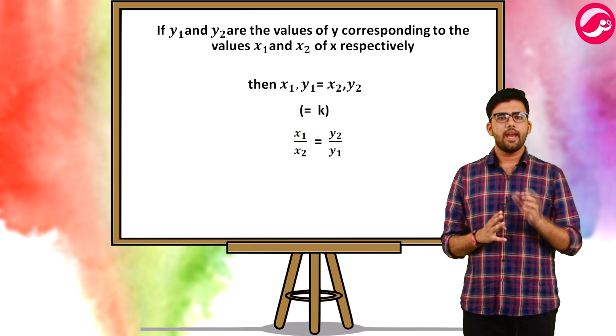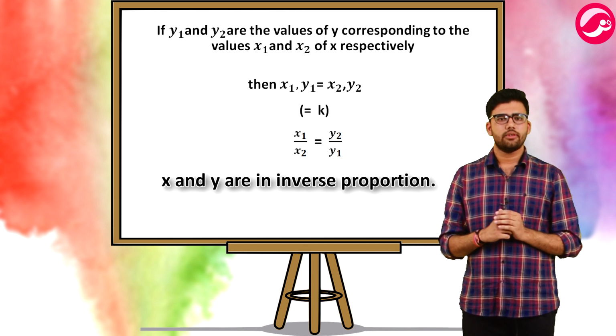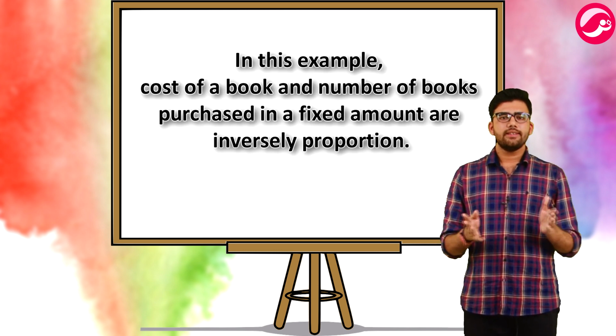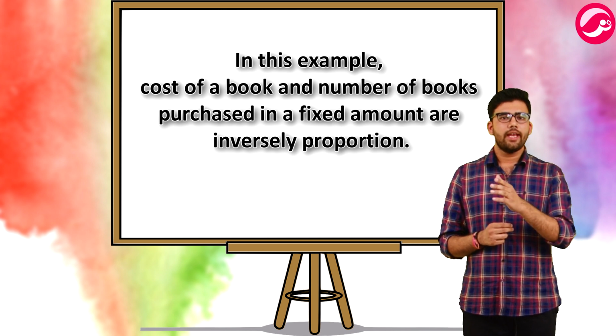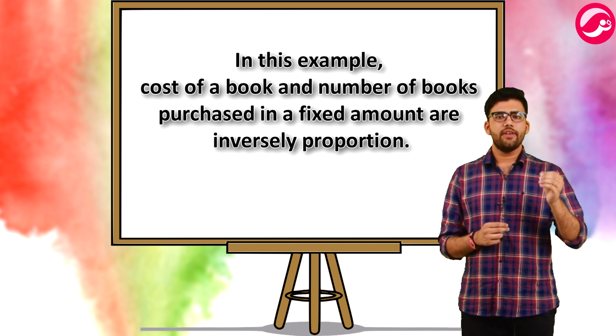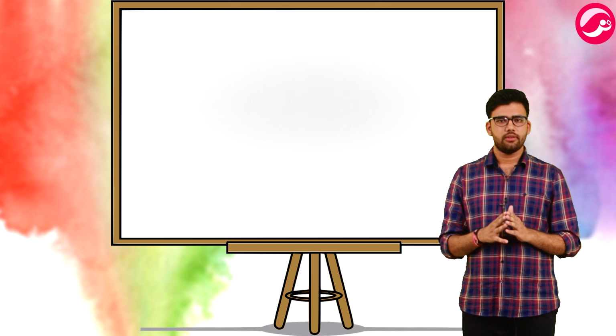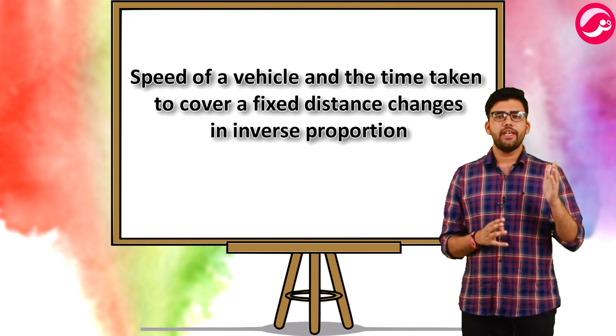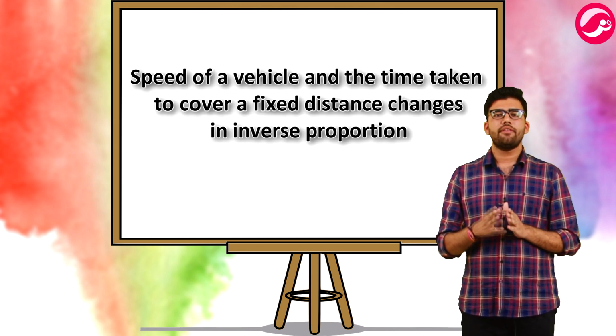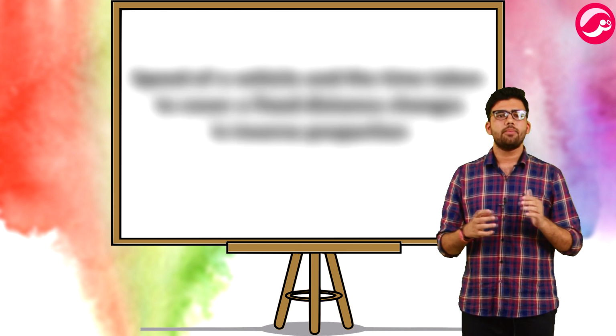We can say that x and y are in inverse proportion. Hence, in this example, the cost of a book and the number of books purchased with a fixed amount are inversely proportional. Similarly, the speed of a vehicle and the time taken to cover a fixed distance change in inverse proportion.